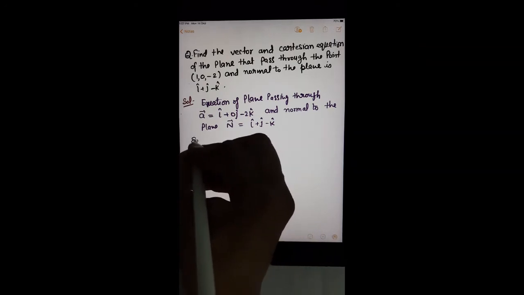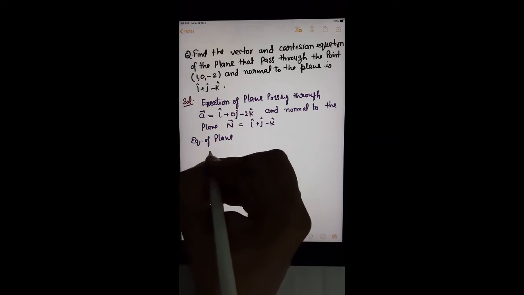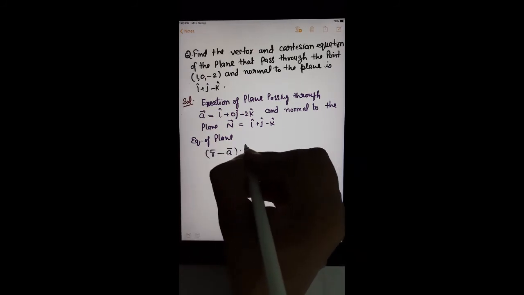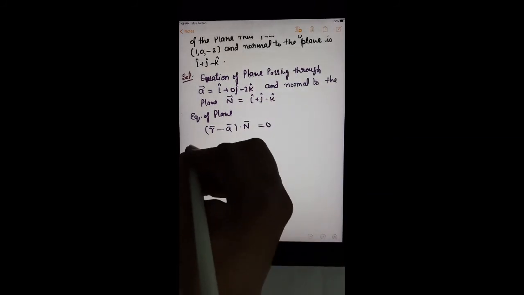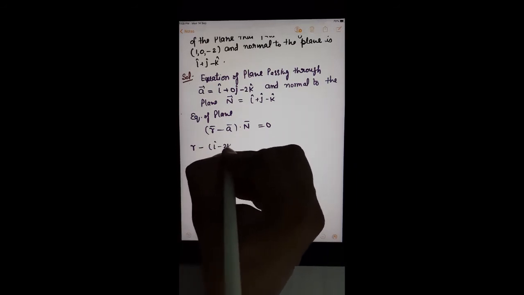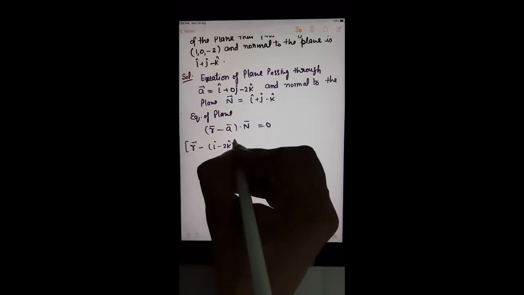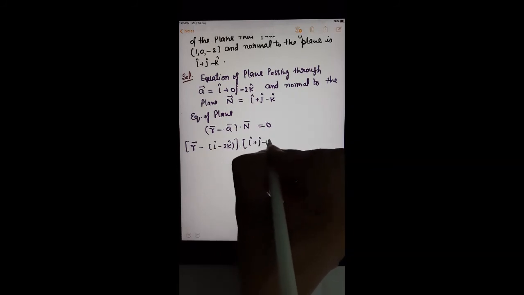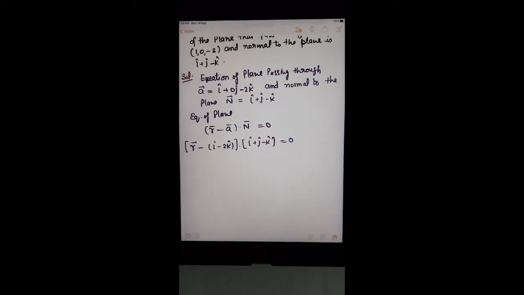You know, the equation of plane is r minus a dot n is equal to 0. So place the value here. It is r minus i minus 2k, that is the position vector of A, dot i plus j minus k, it is equal to 0. So this is the equation of plane in vector form.